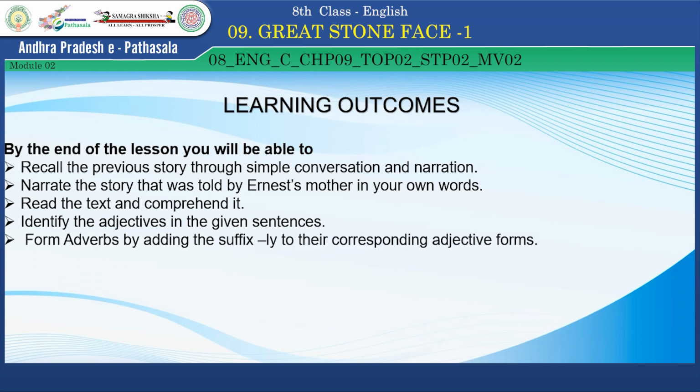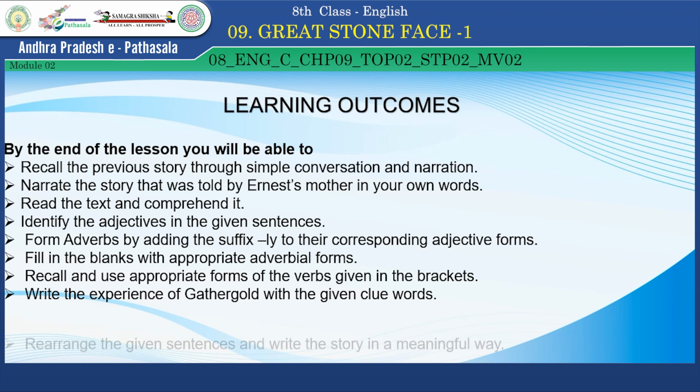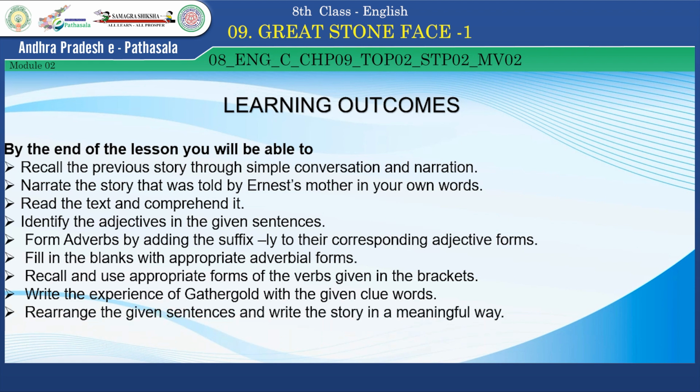Form adverbs by adding the suffix ly to their corresponding adjective forms. Fill in the blanks with appropriate adverbial forms. Recall and use appropriate forms of the verbs given in the brackets. Write the experience of Gathergold with the given clue words. Rearrange the given sentences and write the story in a meaningful way.